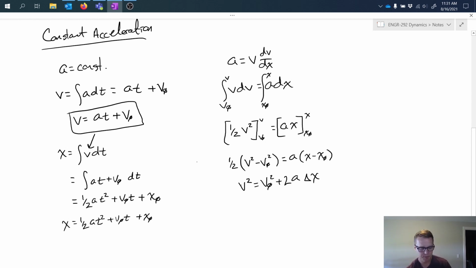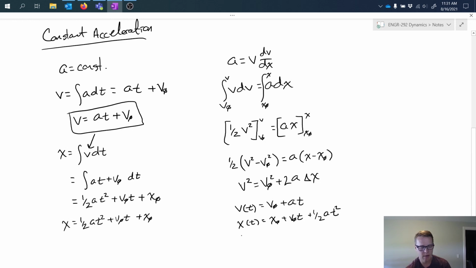So under this constant acceleration condition, I get three equations that are particularly useful to me. I get v of t equals v naught plus at. I get x of t equals x naught plus v naught t plus 1/2 at squared.